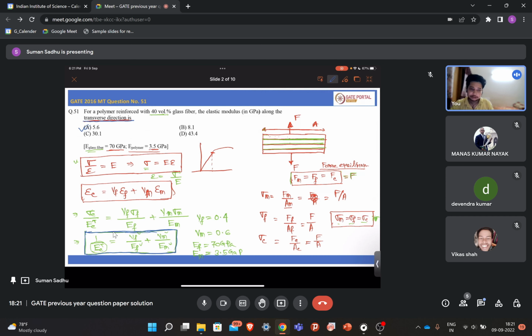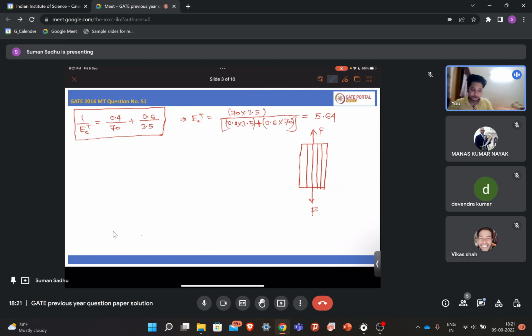Similarly, in case of the longitudinal direction, the elastic modulus of the composite in the longitudinal direction is equal to the volume fraction of the fiber into elastic modulus of the fiber plus volume fraction of the matrix into elastic modulus of the matrix. So this simply follows the rule of mixture.